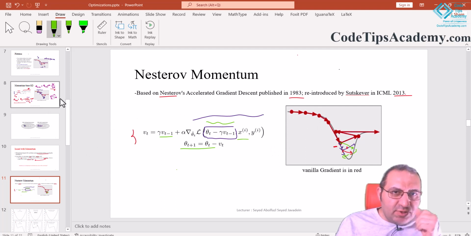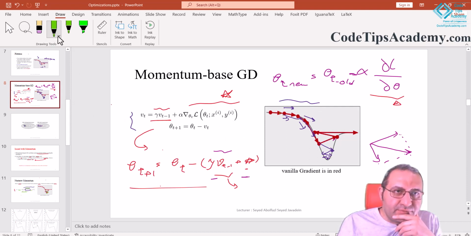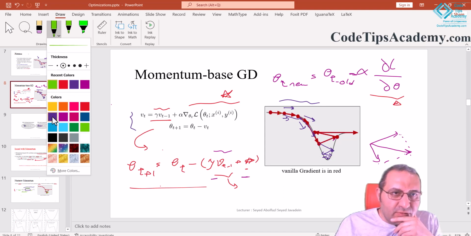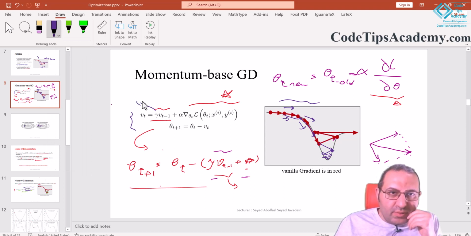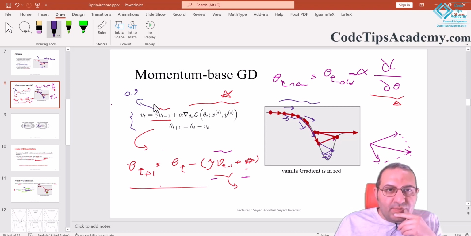Something very important you can see here is that usually we use 0.9 for this momentum.